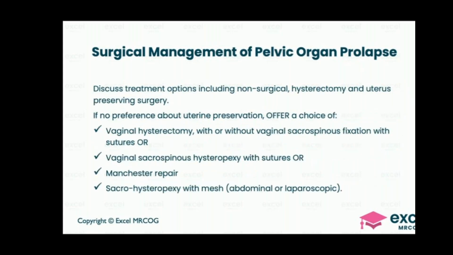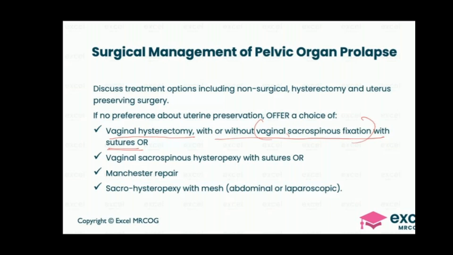Then, what are the surgeries that you do for prolapse? The most common one is vaginal hysterectomy with or without vaginal sacrospinous fixation with sutures. Remember, when you choose the surgery, like in SUI, if you've chosen a vaginal route, it makes sense to choose sacrospinous fixation, because it is done vaginally, rather than going abdominally and doing a sacrocolpopexy.